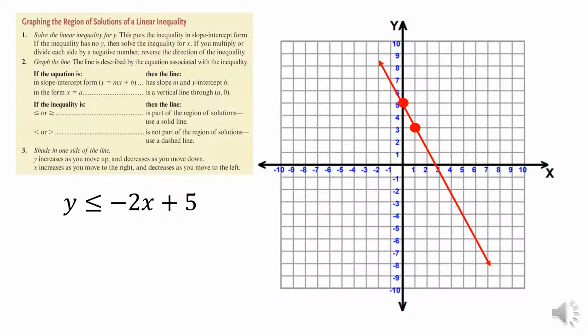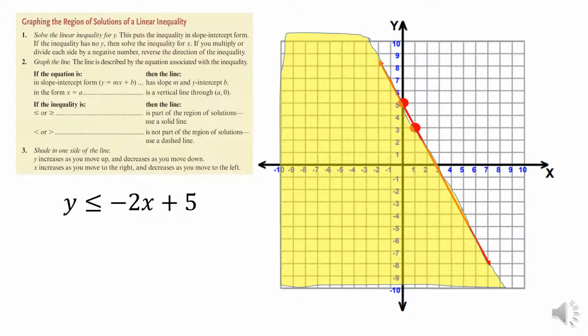For inequalities, you're either going to shade above the line or below the line. If you have a less than or a less than or equal to, you're going to shade to the left or below the line. This has got to be everything that's less than this line. So on ours, we're going to shade to the left or below the line.